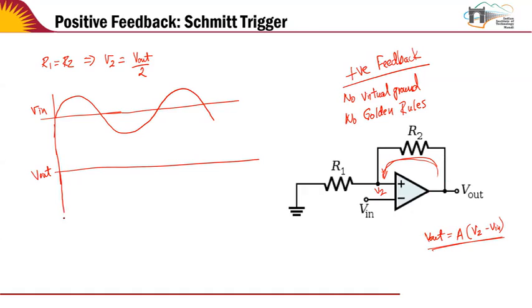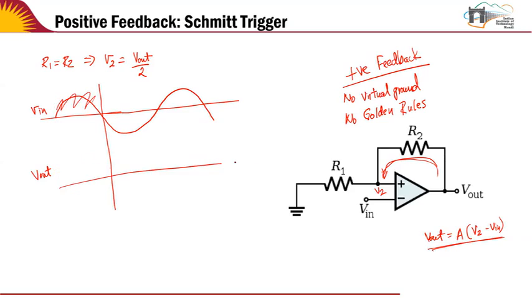Actually, since I've started with a negative input, let me scratch out this part. So let's say the system is starting from here. The input is starting from negative, and the output goes to some positive saturation value.